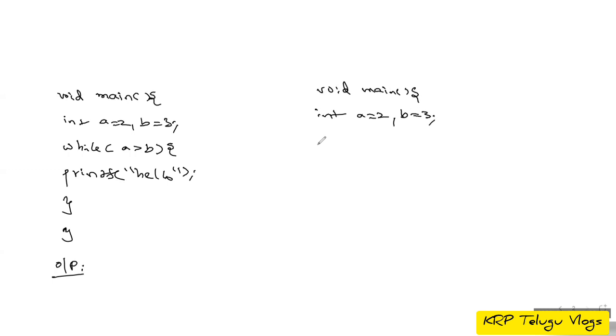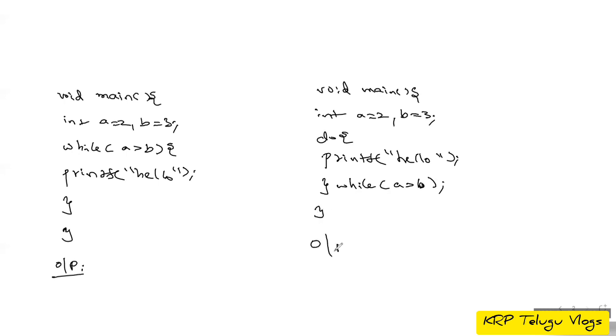So do printf hello, while a greater than b. So what is the output here? What is the difference between while and do while? Here you will come to know the difference.